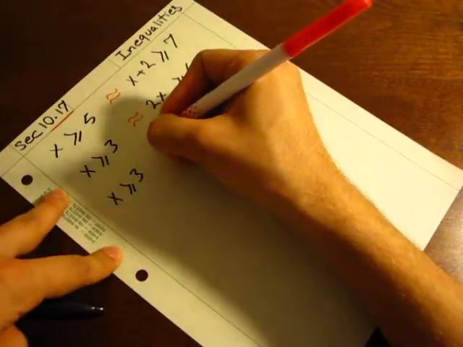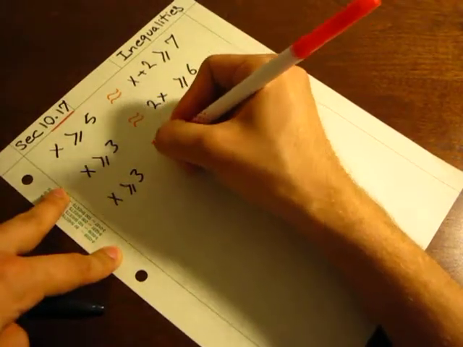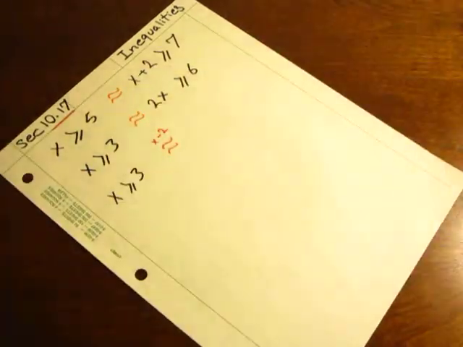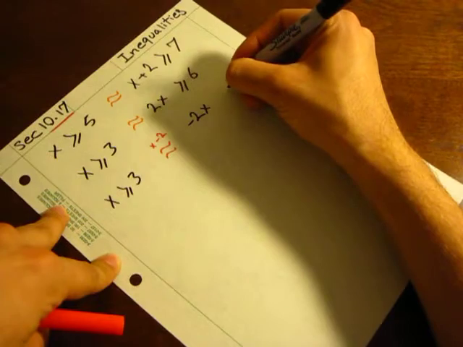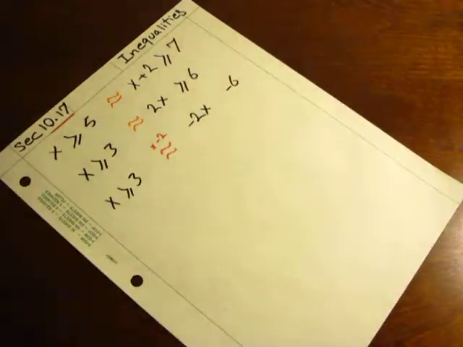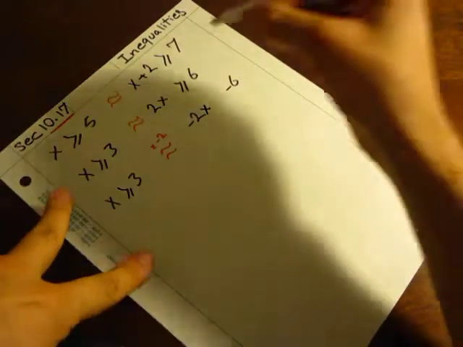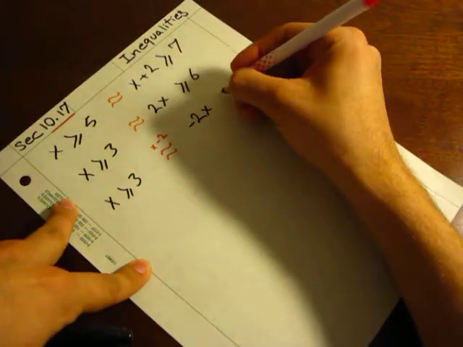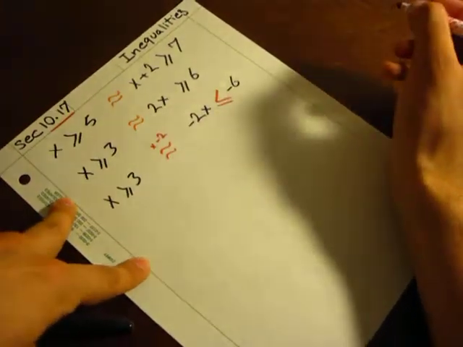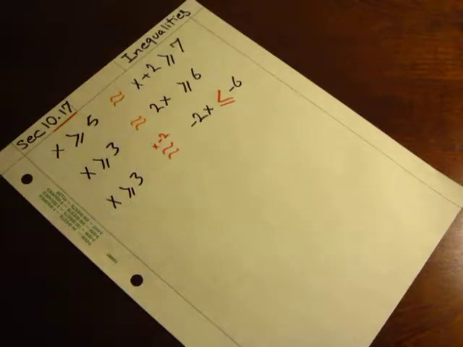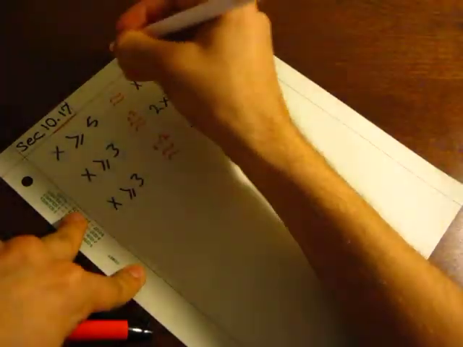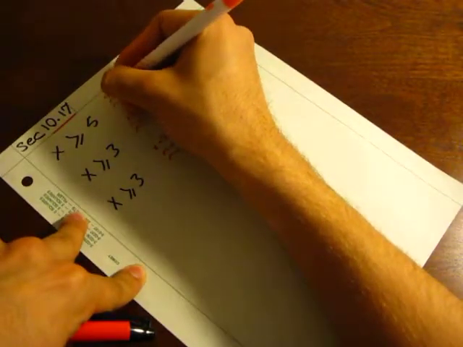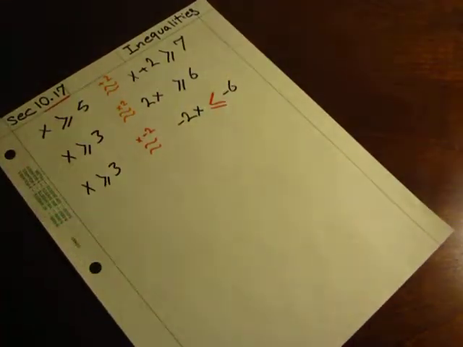This is equivalent to negative 2x, and right here I have negative 6. But as you see, the sign of the inequality, or the direction of it, gets flipped. So every time we are multiplying or dividing our inequality by a negative number, the direction of the inequality flips.